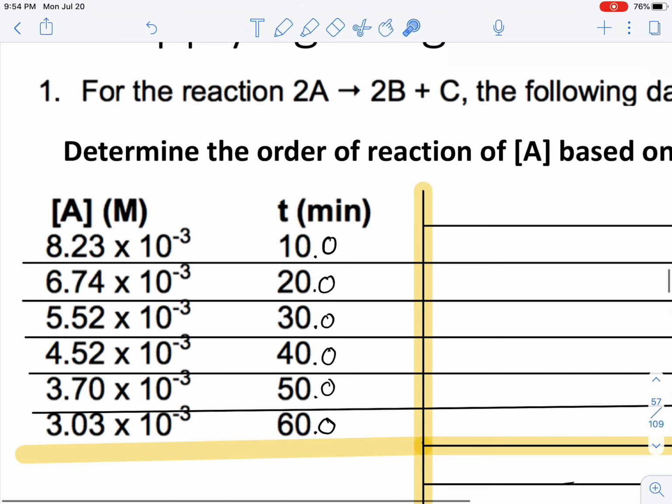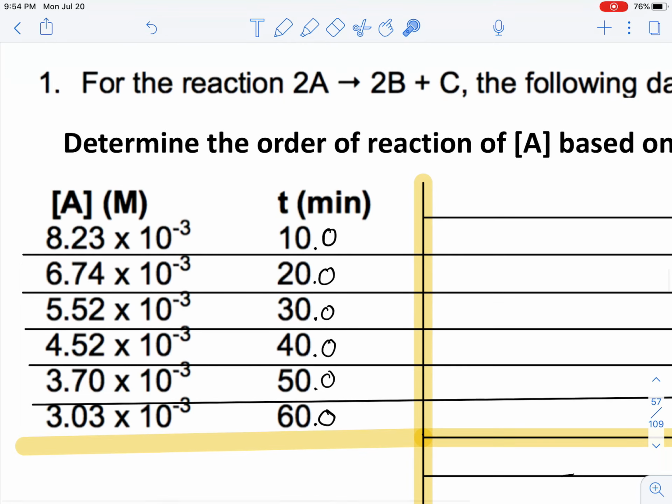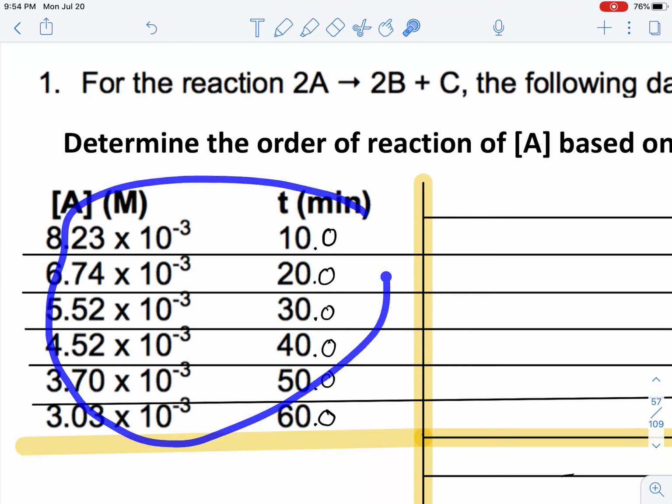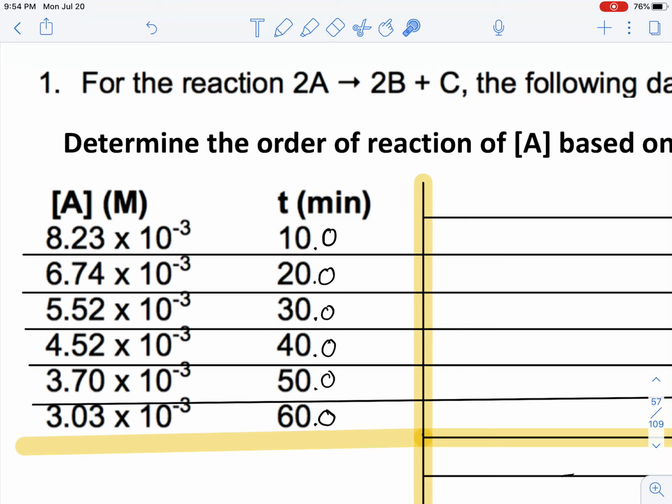Notice that this kinetic data only provides information on the concentration of reactant A against time. So to determine the order of reaction, we are going to manipulate this data and later plot it on a graph.